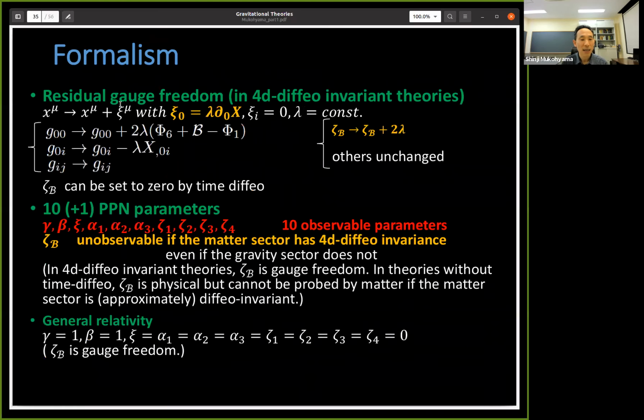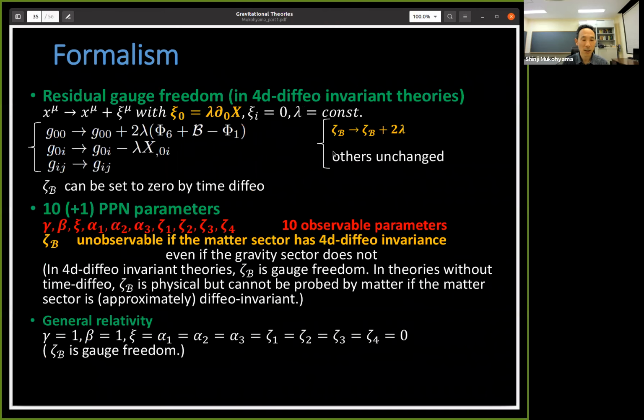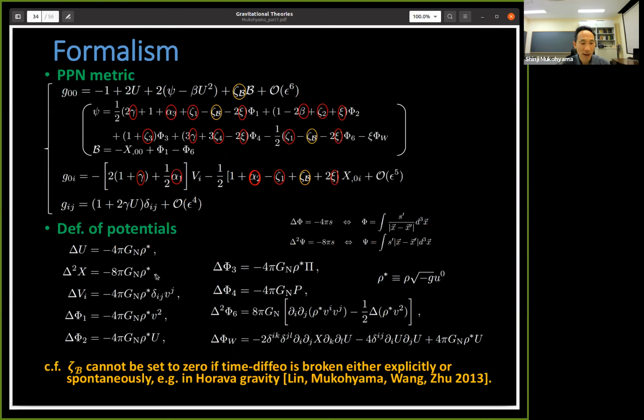Here I already fixed the choice of the spatial coordinates, but the time diffeomorphism is not fixed. So the residual gauge freedom is generated by time diffeomorphism. The zero component of xi^mu can be parameterized by this potential X, where X is defined by this.